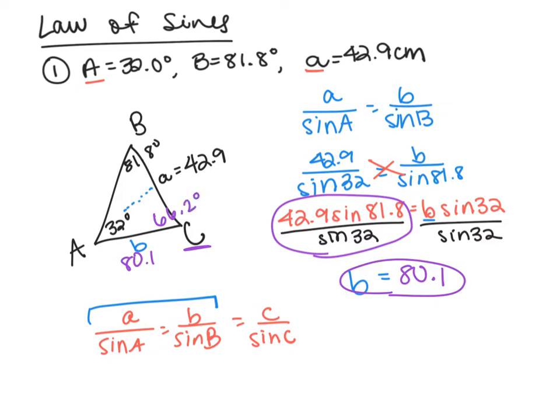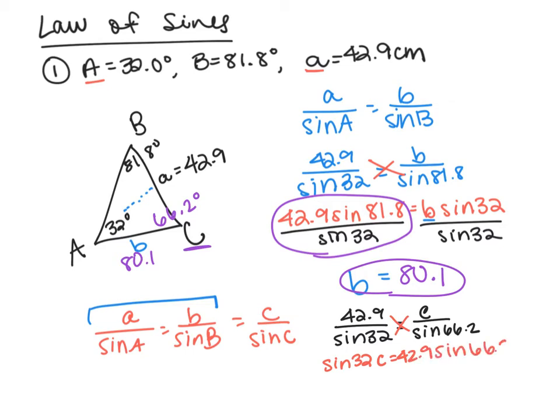Now we can go back and use law of sines again. So we'll do 42.9, a over sine of A, is equal to c over sine of C. Again, same as before, cross multiply, divide. So we end up with sine of 32 times c equals 42.9 sine of 66.2.